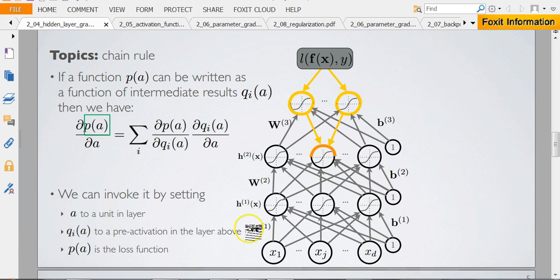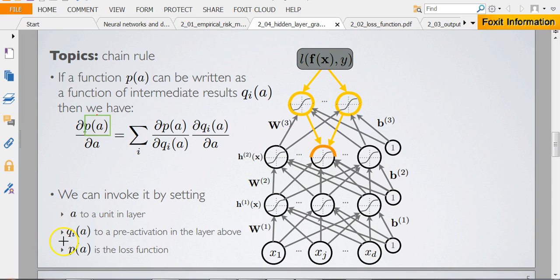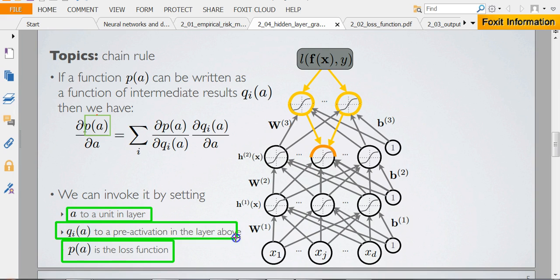And in our case, we want the derivative of the loss function. Oops. So we want the derivative of the loss function, which is here. So if we call it p, we want the derivative of p with respect to the output layer in this case. But in between that, we run into the pre-activation layer.